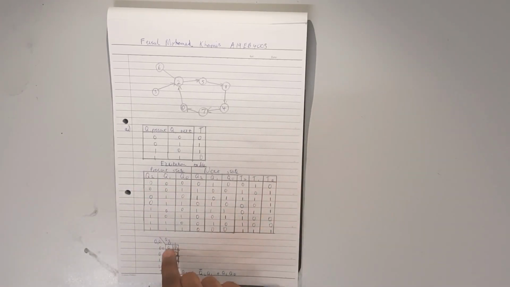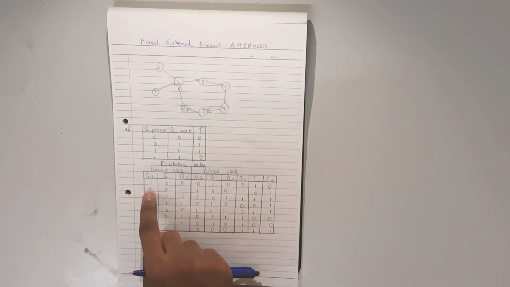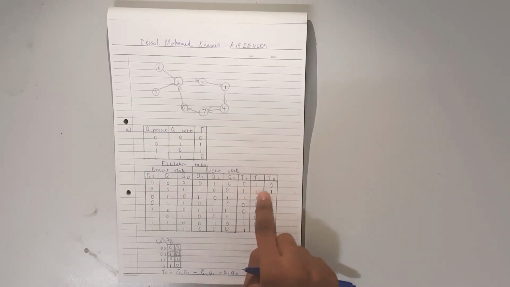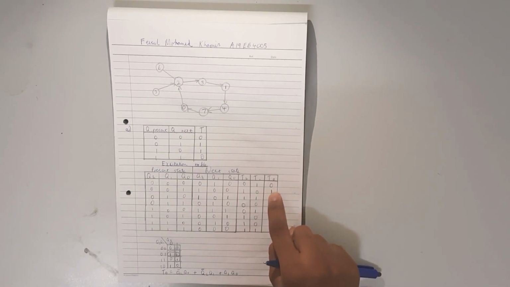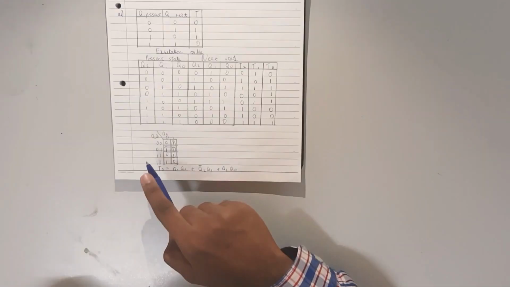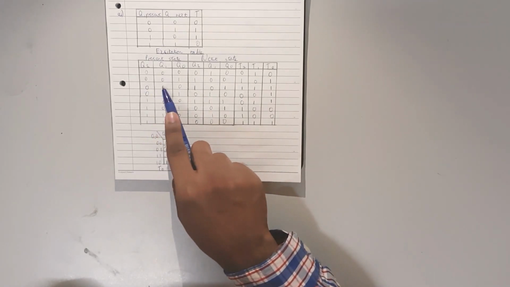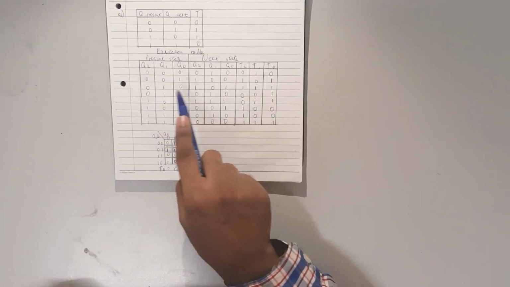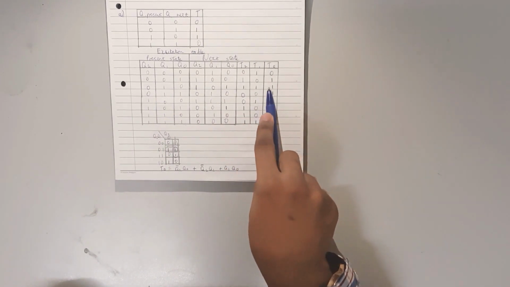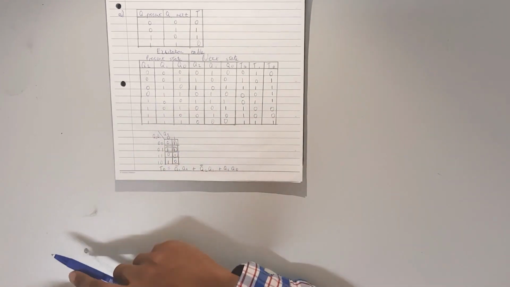It is 0, you put 0. 001, this box, this is your row, T is 1, you put 1. 010, this is the box, 010 is this row, your T is 1, you put your 1 here.